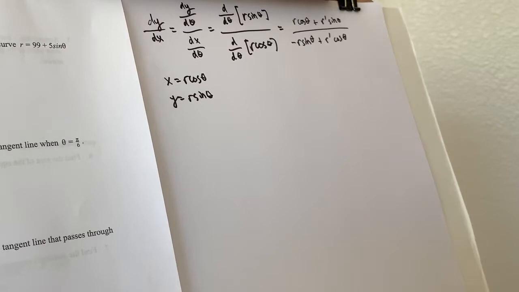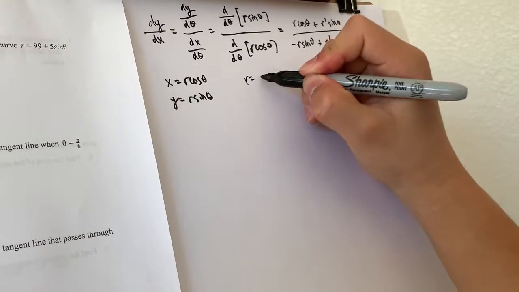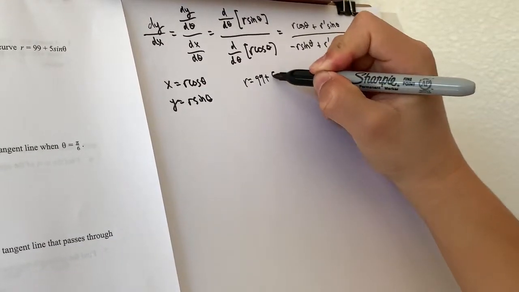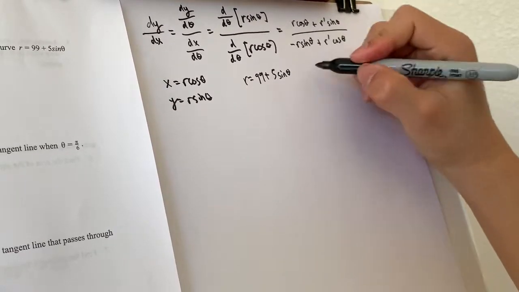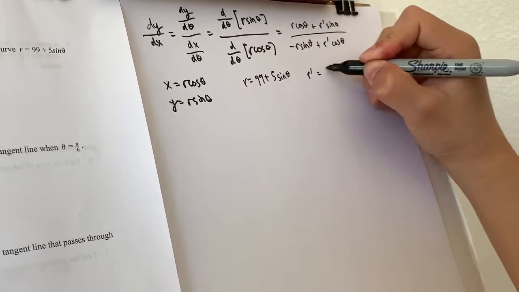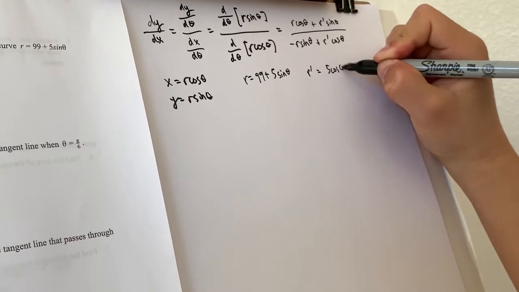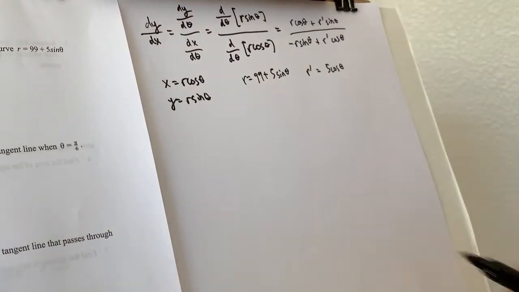So now, using our equation, r equals 99 plus 5 sine theta, we first differentiate it to get r prime, and r prime equals 5 cosine theta, and now we plug it into our formula.